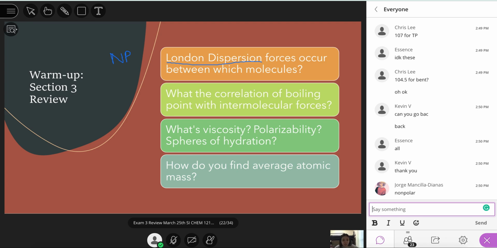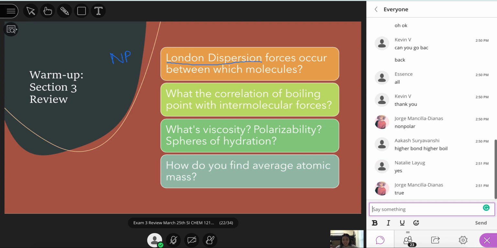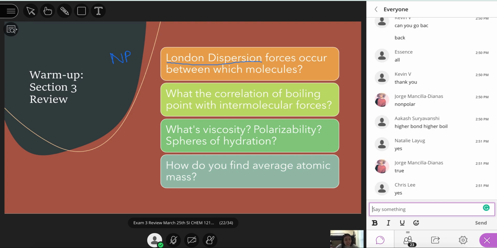What's the correlation of boiling point and intermolecular forces? Is it inverse? Is it proportional? Is it higher bond, higher boil? Okay, do we agree with that? That's proportional? Yes? No? Yes, exactly. So if you have a higher boiling point, you're also going to have a higher intermolecular force, which we will discuss, which intermolecular forces are the strongest versus the weakest ones.